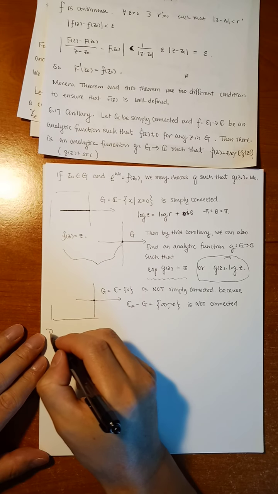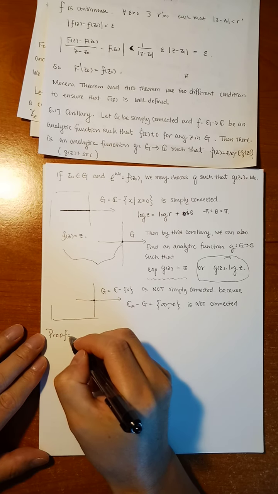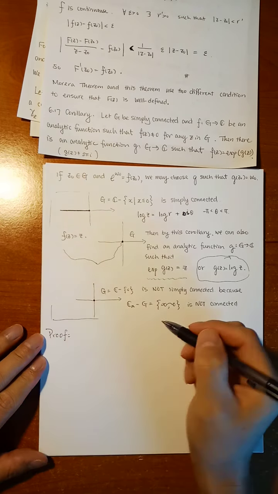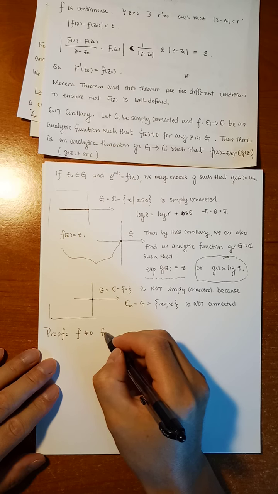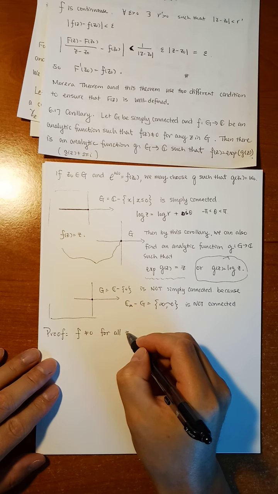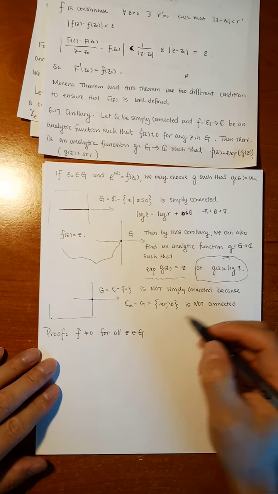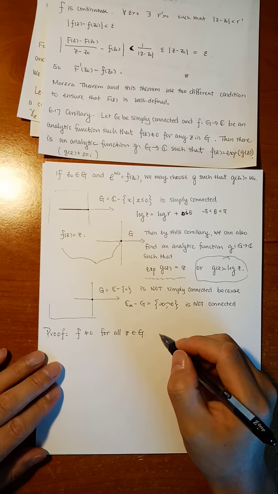Now let's see the proof. Okay, so f is not equal to 0 for all z in G. Then f prime over f is analytic in G, right? Since f is not 0, you can put it in the denominator, and an analytic function over an analytic function is still analytic.